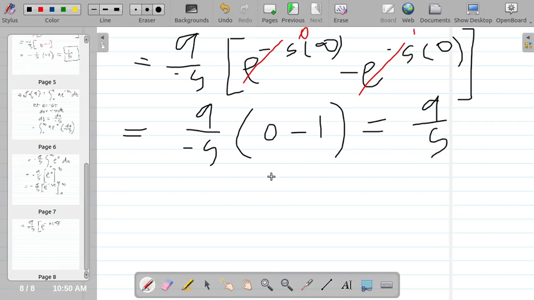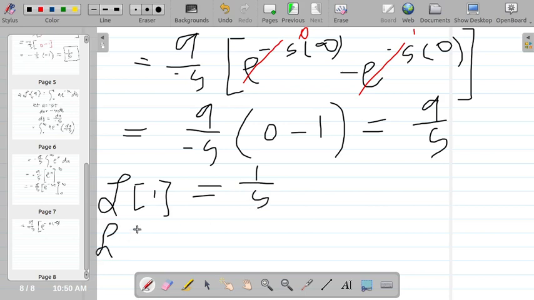So, you will notice that the Laplace transform of 1 is 1 over s, then the Laplace transform of 9 is 9 over s.